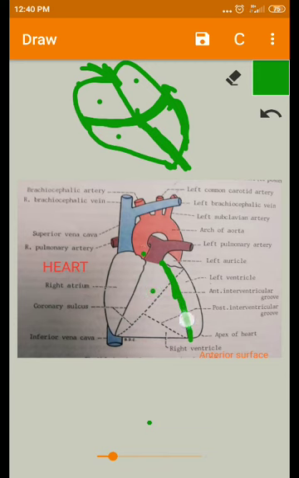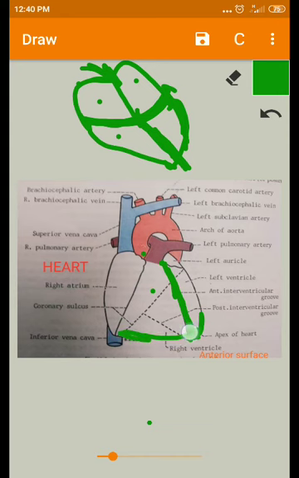The lower end of the groove separates the apex, this is the apex, from the rest of the inferior border of the heart.